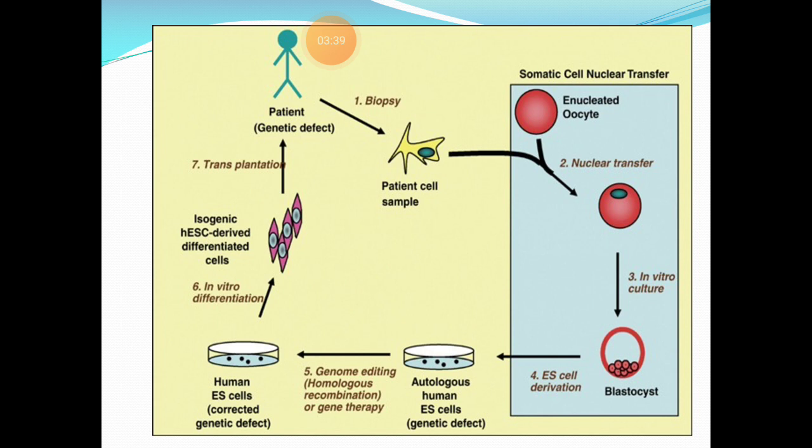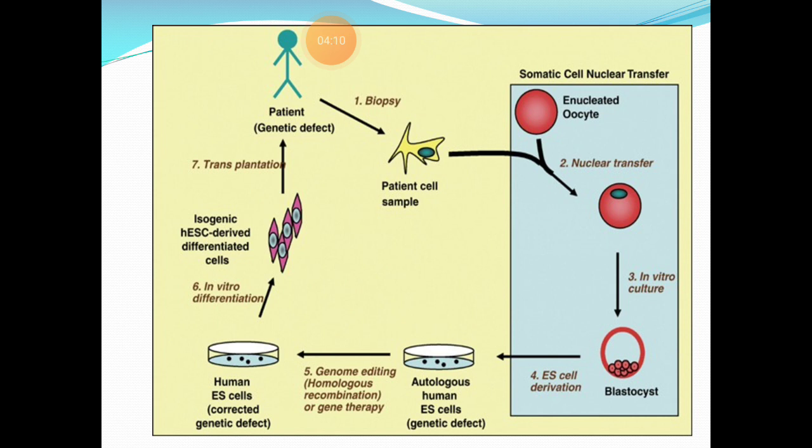At the same time you have to take an enucleated oocyte, that is, an oocyte without the nucleus, and then the nucleus of the patient cell is transferred to the enucleated oocyte, and later this oocyte is put to in vitro culture.